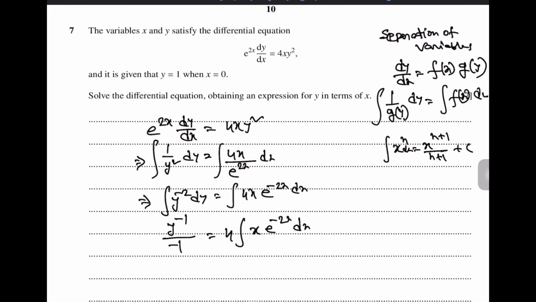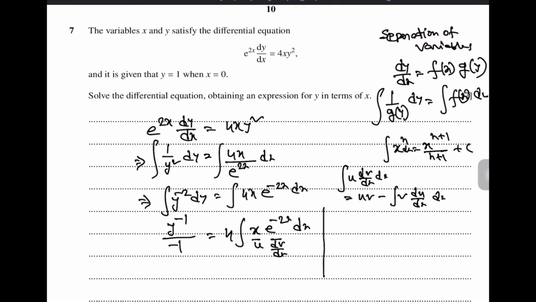We know the formula: the integration of u dv by dx equals uv minus the integration of v du by dx. So let me consider this as u and this as dv by dx.